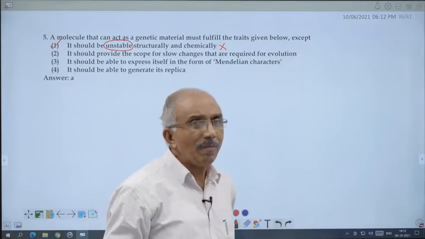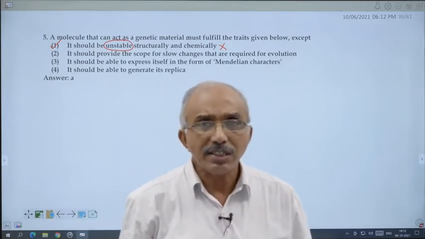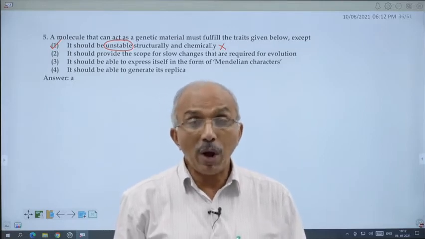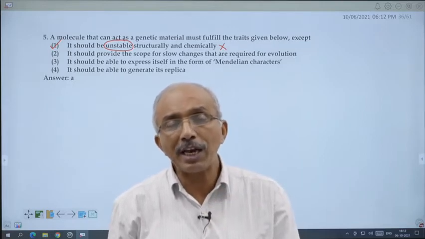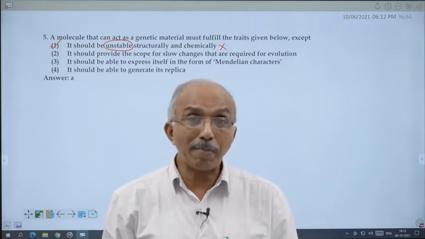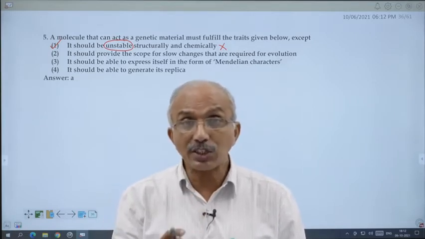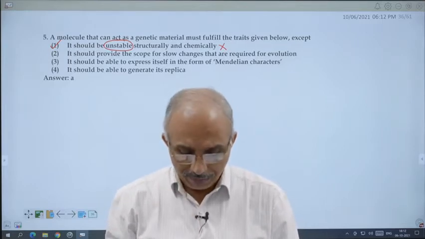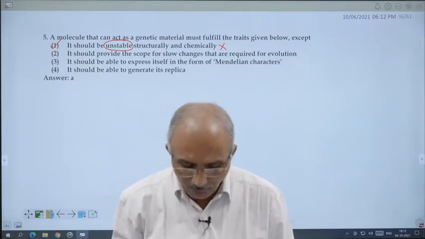A molecule which is genetic material, one of the most important properties we expect is stability, in terms of structure and also in terms of chemical nature.